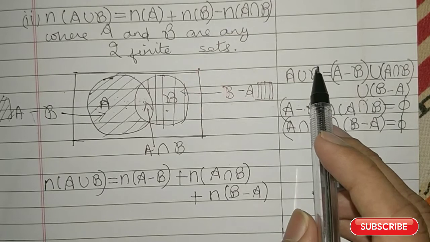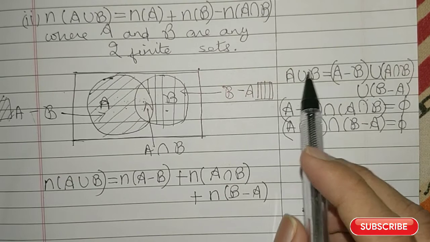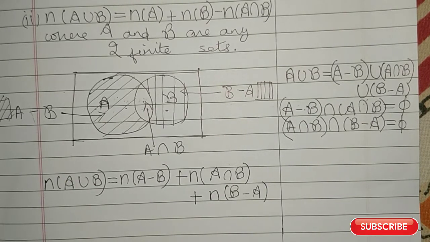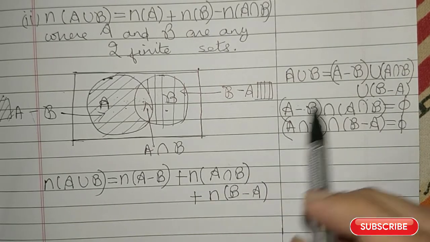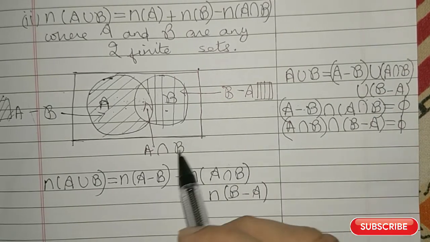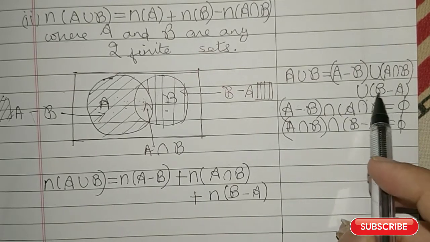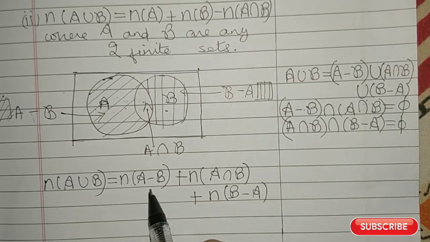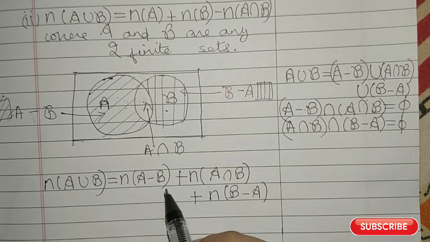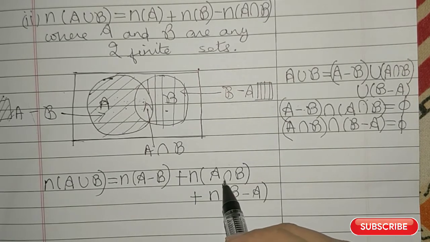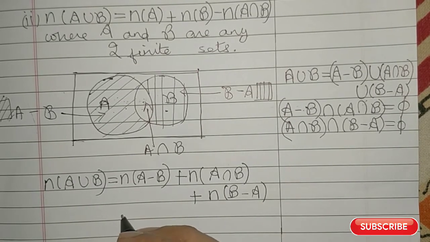That is the formula number 1, N of A union B is equal to N of A plus N of B, because A and B were disjoint. Similarly, here all these three are disjoint, so the number of elements in all these three will be the sum of the number of elements in each set. So the number of elements in A union B is equal to the number of elements in A minus B plus the number of elements in A intersection B plus the number of elements in B minus A, right.